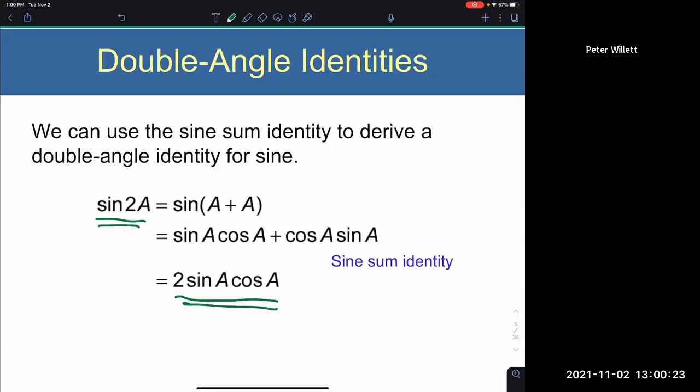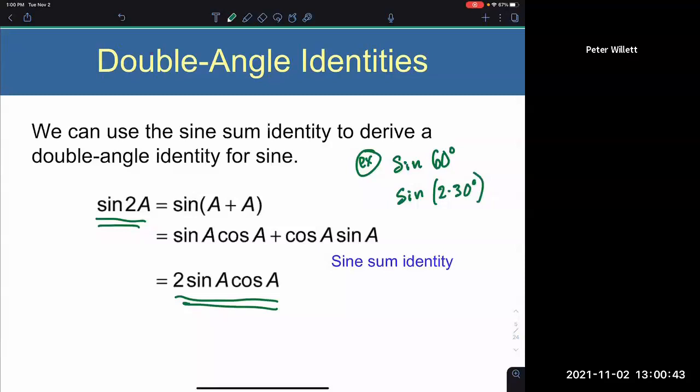So again, just to see how this is allowing us to work this, as an example, let's note that sine of 60 degrees would be the same as sine of 2 times 30 degrees.